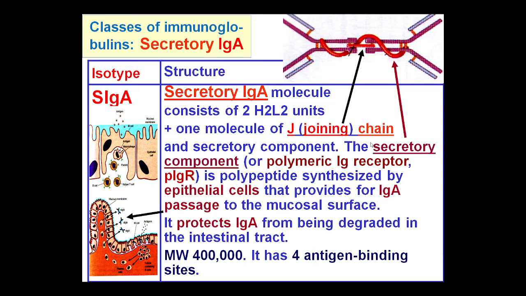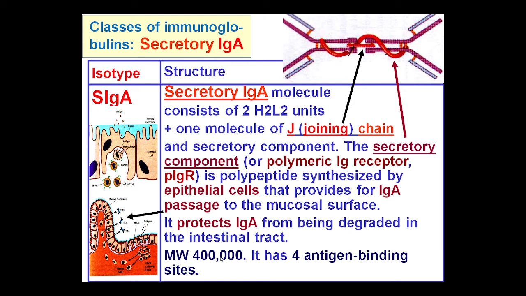This secretory component is important to maintain passage of the immunoglobulin from the internal space of our tissues to the lumen, and the secretory component prevents digestion of the secretory immunoglobulin A in the lumen, and this immunoglobulin lives much longer than other immunoglobulins if they appear in the lumen of the intestinal tract, for example.